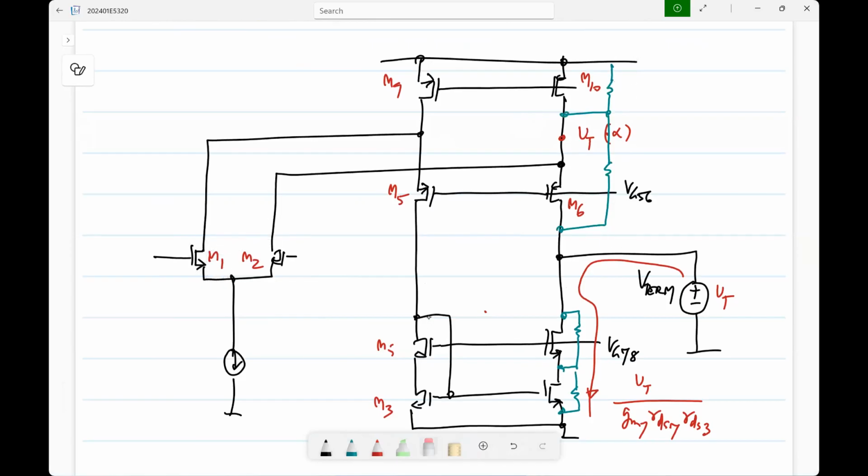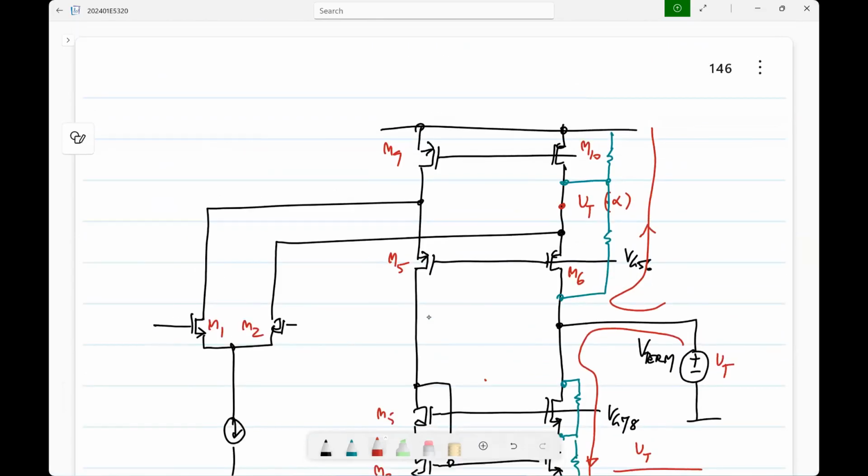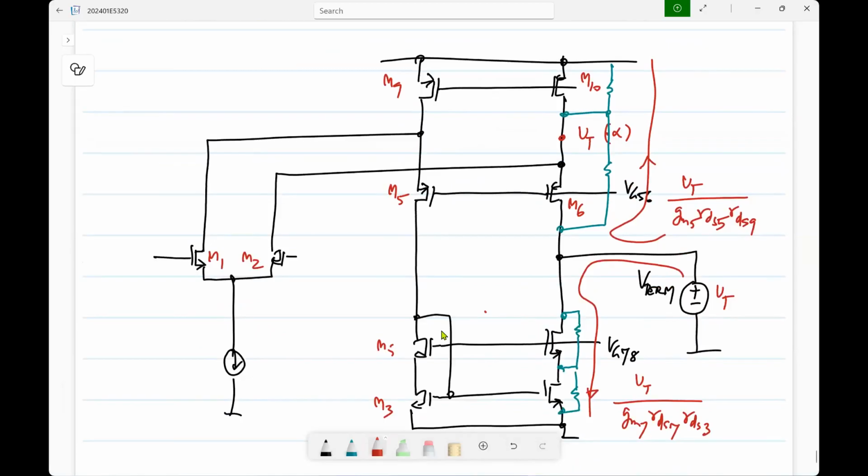What would be the current flowing that way? It will just be Vt divided by the cascode, this one. So that will be Vt by gm5 rds5 rds9. This is not quite superposition, but just for simplicity, you assume that you have infinite output resistance for everything, but only finite output resistance for this.